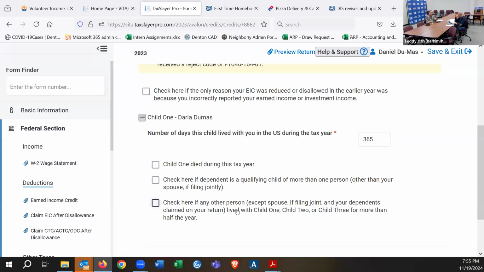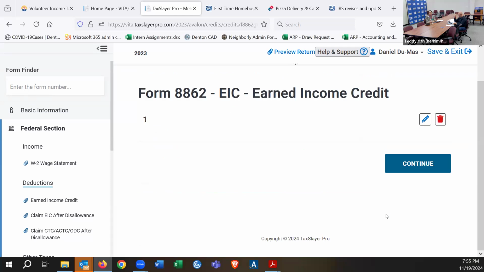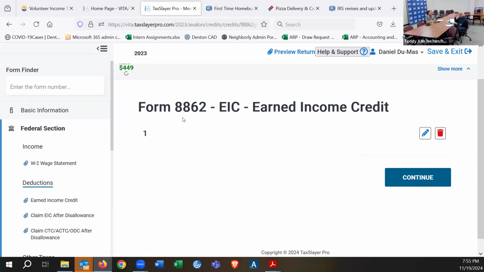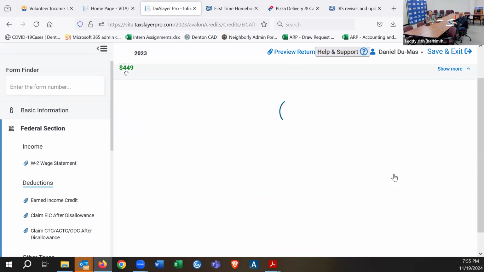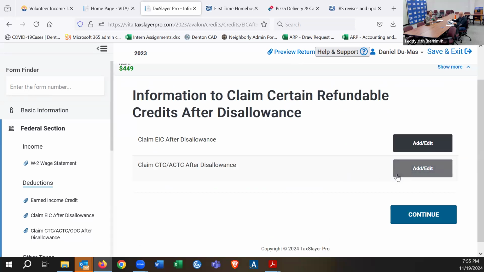No one else lived with them at all. Click continue, and it's gonna say 1, as in, I agree, you have 1 child for earned income credit purposes. You can click continue and then double check into the claim CTC, ACTC after disallowance. So the child tax credit and the additional child tax credit can be affected by this as well.